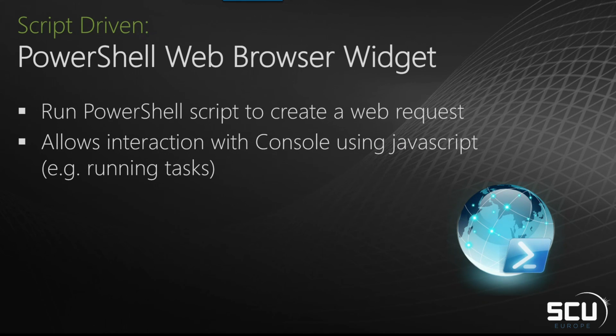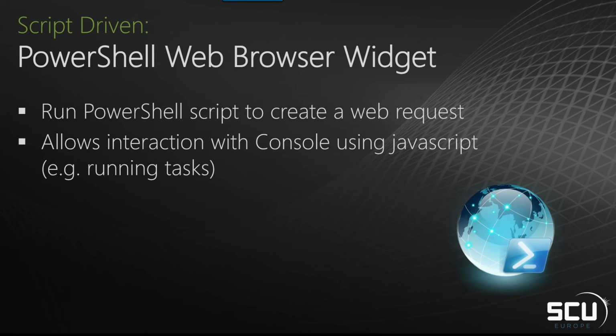And lastly, we have a PowerShell web browser widget, which is a kind of mixture of both. You create a PowerShell script which performs a web request, gathers a web page, and displays it in an embedded browser widget. One thing we should note is that you can even interact with the operations console.